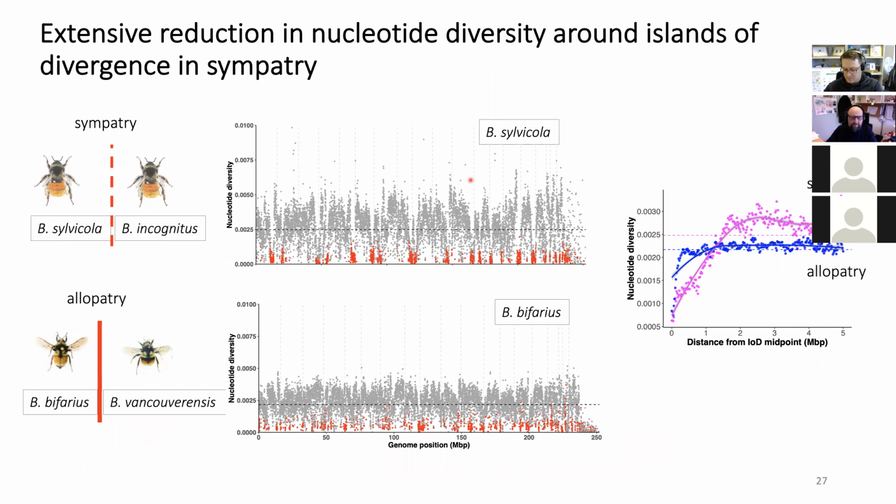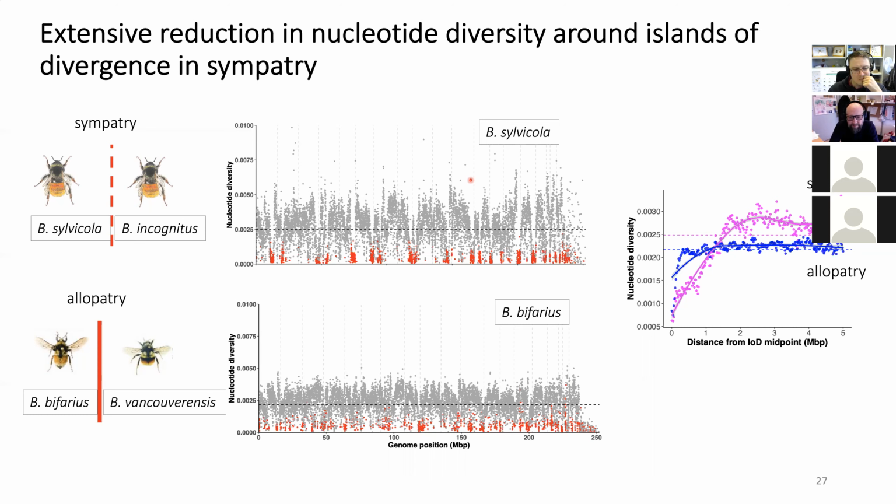In addition to this, we can also see that there's a fairly extensive reduction in nucleotide diversity around these islands of divergence, which is much stronger in the sympatric than the allopatric comparison.